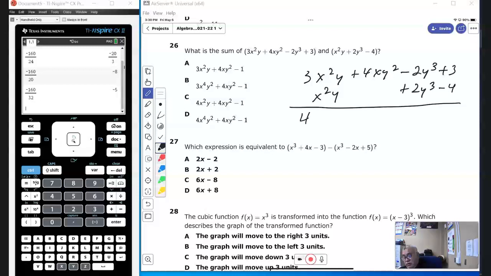So we have 4x squared y plus 4xy squared. These cancel, so that's minus 1. So your answer is 4x squared y plus 4xy squared minus 1. So your answer is C. So writing it vertically does help you to put the terms that are alike together.